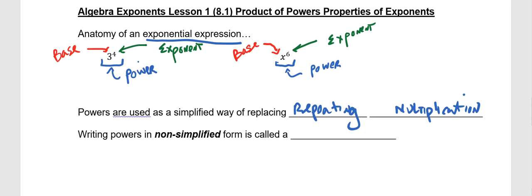When we write a power in a non-simplified way, we call that a product. That's really important to know. The word product is just another word for multiplying.